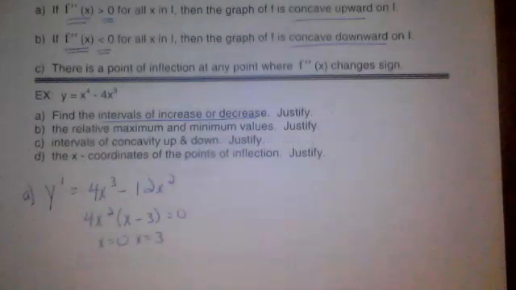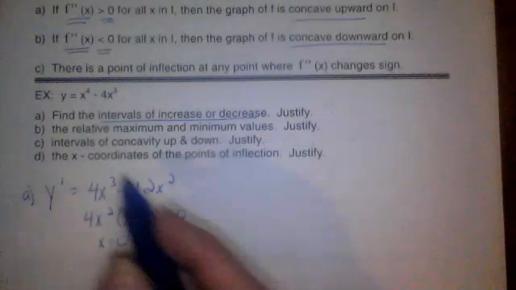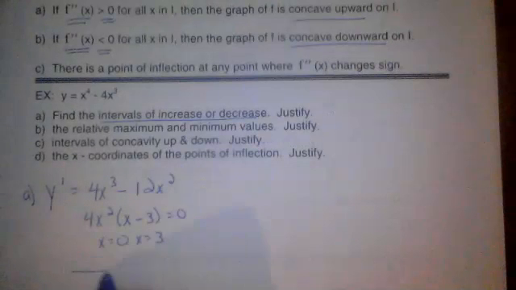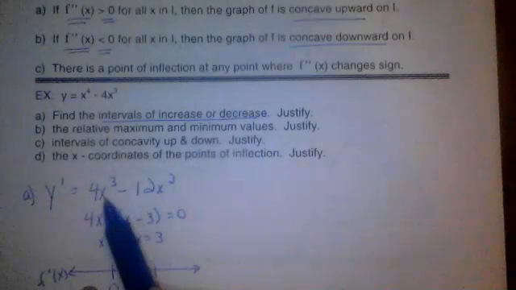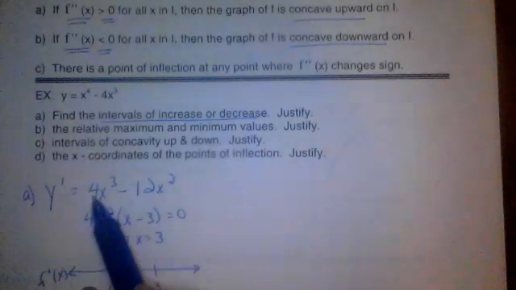For increase and decrease, we need to put those on our number line. This one doesn't give us a specific interval, so it's an open interval. We're going to put 0 and 3 on here. We're testing on the first derivative. So when I put a negative number in here, like -1, this is going to be -1 times 4 is -4.